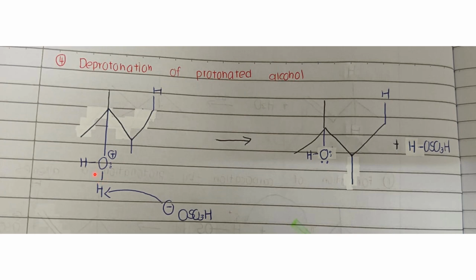Before it breaks, we know that there are shared electrons in here. So after the H is bound with this, the electrons here will move to the oxygen, because we know that oxygen is more electronegative. And the final product, 2,3-dimethyl-2-butanol, is made by removing a proton.